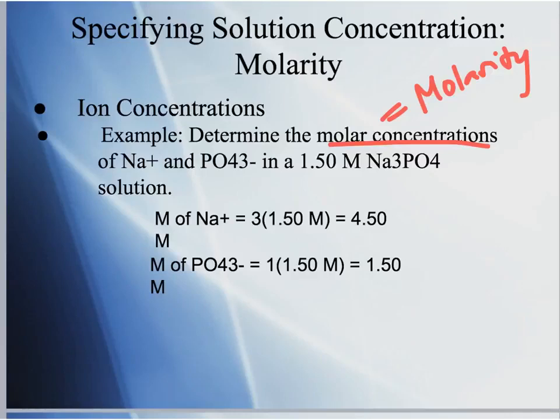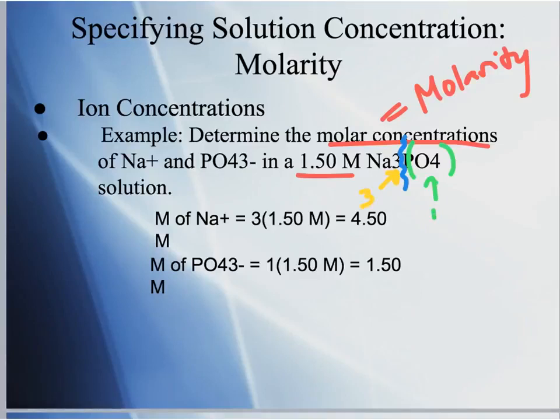Remember, 1.5 molarity is the molarity of the solution before it gets dissolved. When it gets dissolved, we're going to be breaking apart this ionic substance, right? And here we've got 3 sodium ions versus 1 PO4 group. Remember, that's a polyatomic ion.